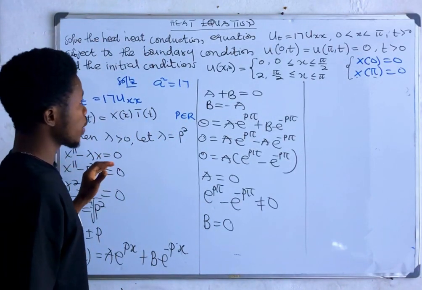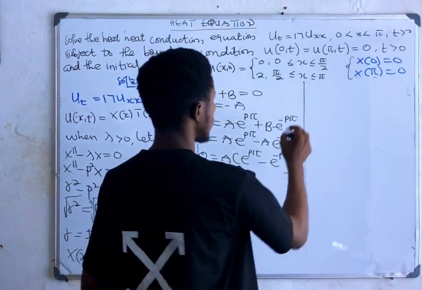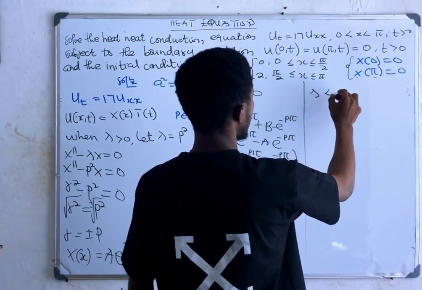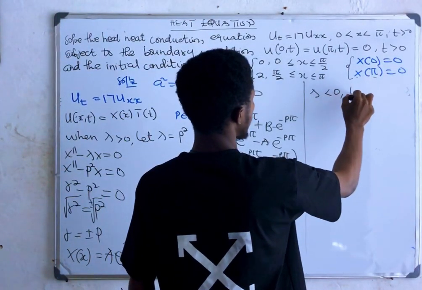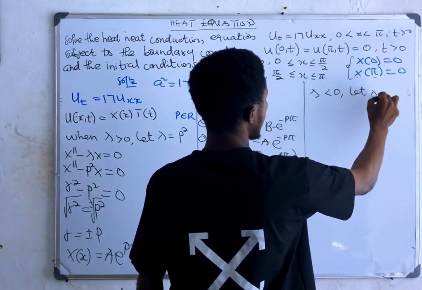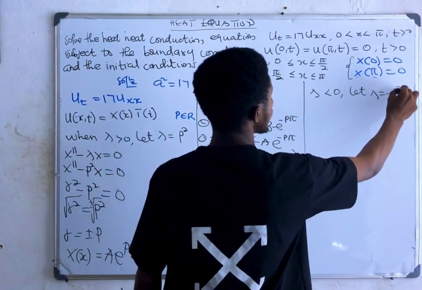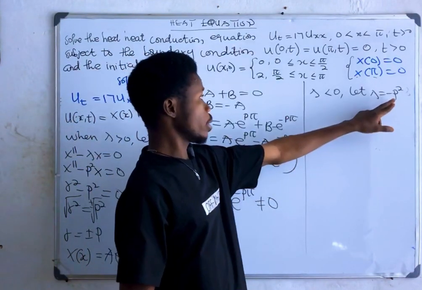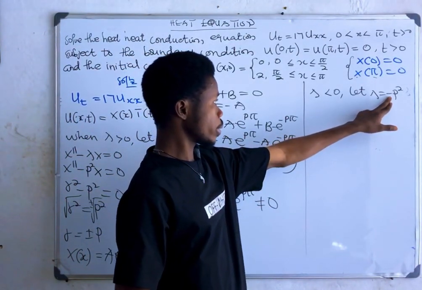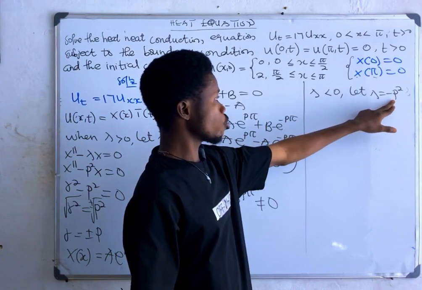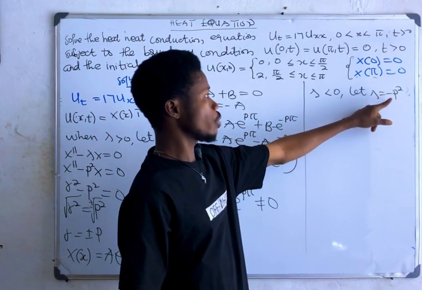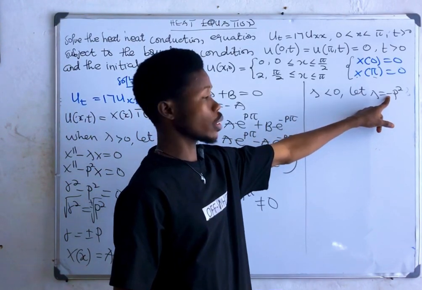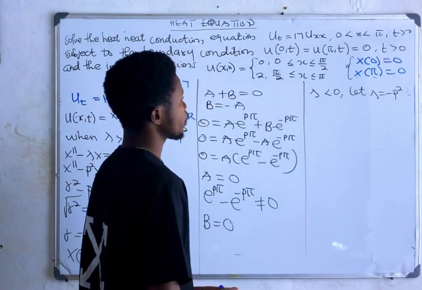Now let's move to the last case where it said that lambda is less than 0. So we let lambda equal negative p squared. The reason I'm bringing negative here is that whatever number you square, you get positive, you multiply by what? Negative. Is that okay? And that gives you something less than 0.